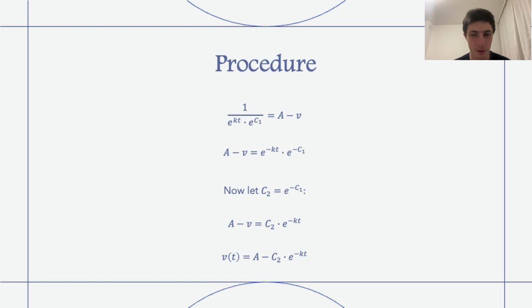And then we solve this, and you get the final result to be v of t, so this is your velocity equation, equals a minus c2 times e to the negative kt.